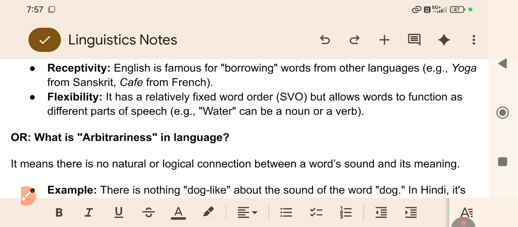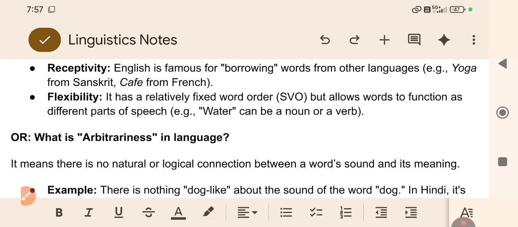Yoga from Sanskrit, cafe from French. Just two examples. Yog is the original Sanskrit word, but it becomes yoga, and it is the Sanskrit word which has been taken from Sanskrit, and cafe from French. 26% words, French words, we speak in English.